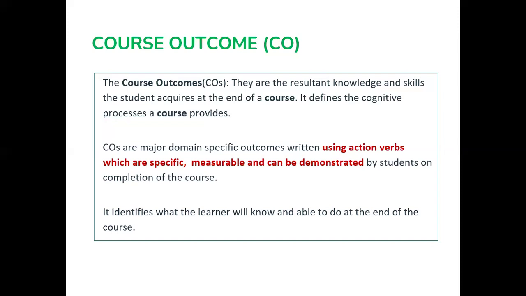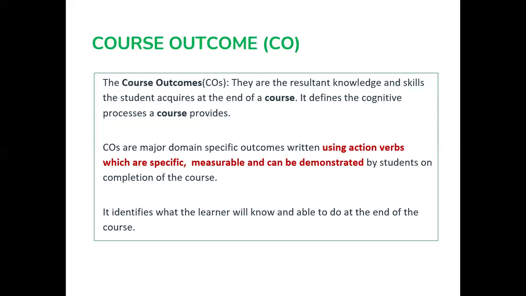COs are major domain-specific outcomes written using action verbs. Again, we have to write a CO using an action verb. Start with an action verb; the outcome should be specific, measurable, and can be demonstrated by students on completion of the course.